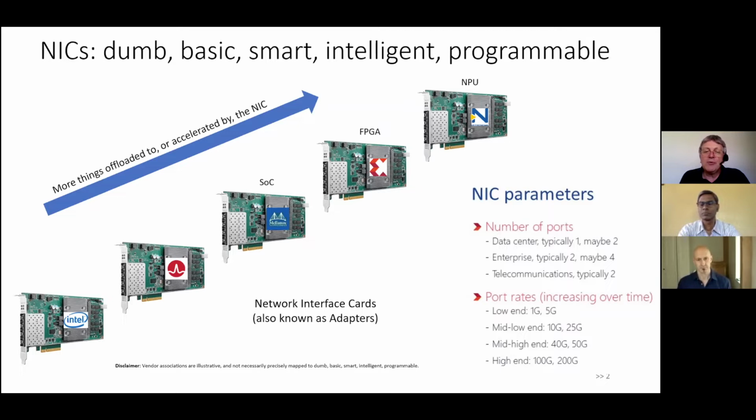That's really why we're interested in the topic today, where there's not just non-trivial packet forwarding as in a switch, but I think you'll see from what we say today, there are all sorts of other things going on in a modern NIC card that are beyond just basic packet forwarding.